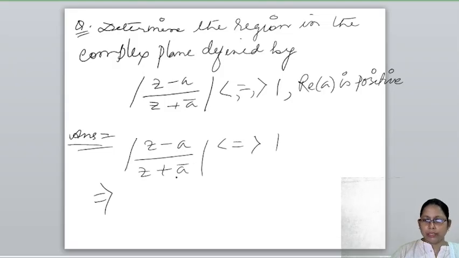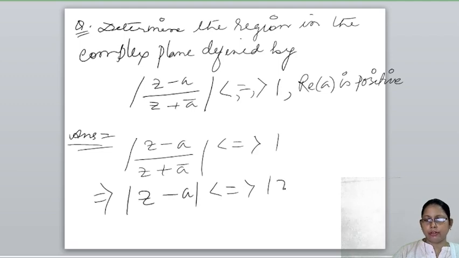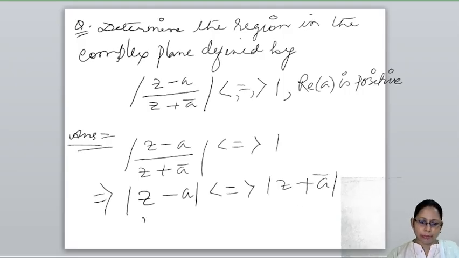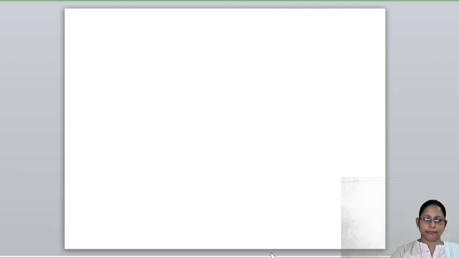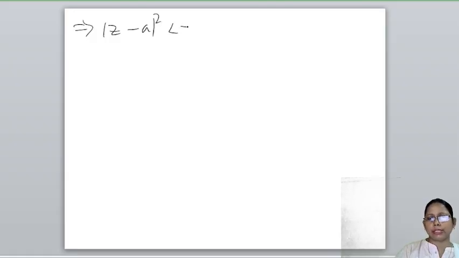Using properties of modulus and cross multiplying, I will get |z − a| less than, equal to, greater than |z + ā|. Squaring both sides, we get |z − a|² less than, equal to, greater than |z + ā|².